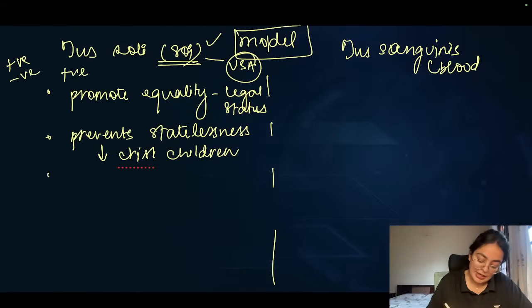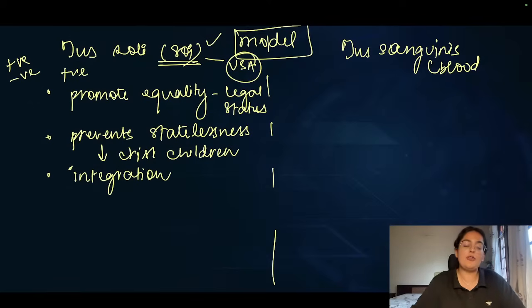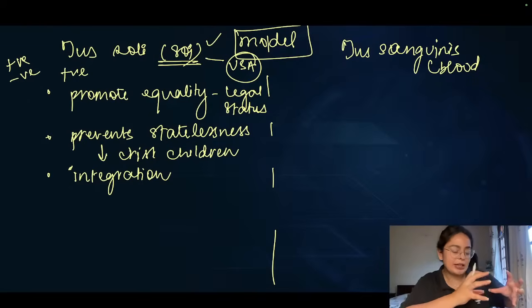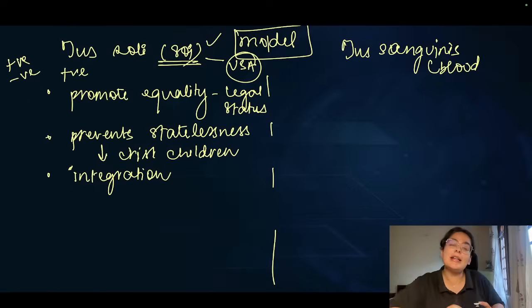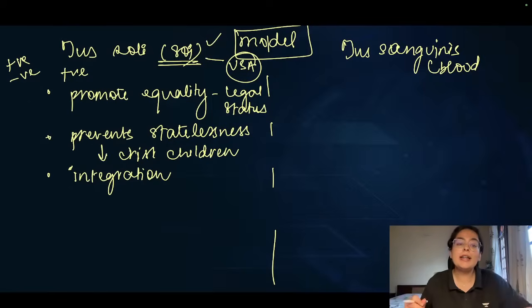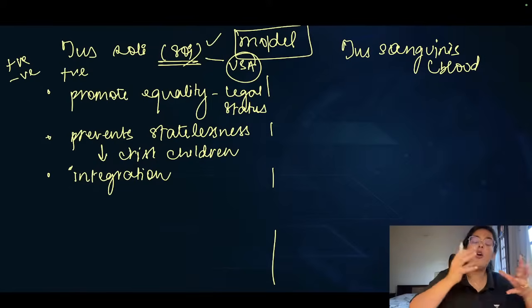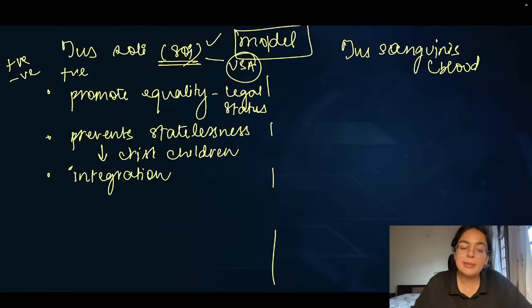The third is it also facilitates integration. That means it is not that only people of American descent will be prioritized, and therefore it will only continue to have an American descendant model. Integration means even if immigrants come from different cultures, nationalities, etc., their children will also be integrated or have space on American soil.